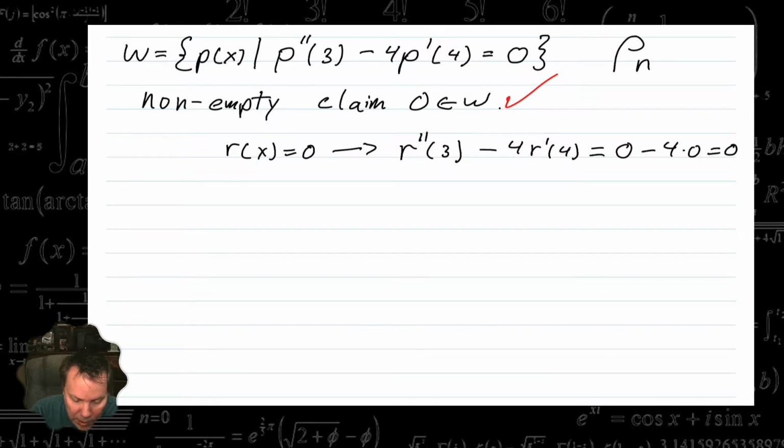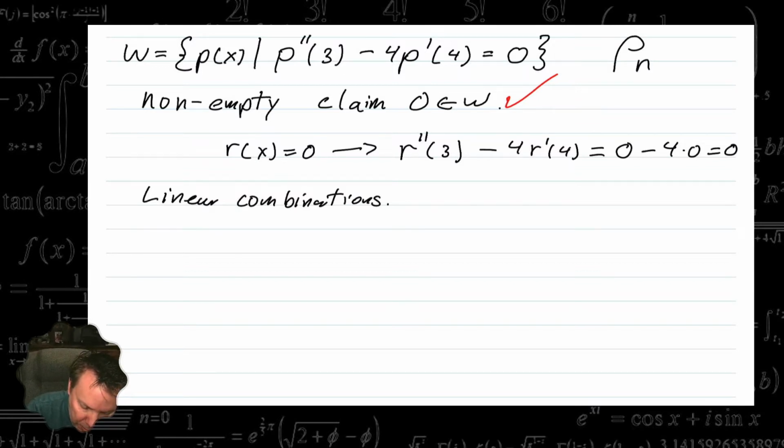So what about the idea of linear combinations? All right, so let's start off by picking two arbitrary polynomials. I'm going to call them p of x and q of x. I'm not saying this P up on the top here.